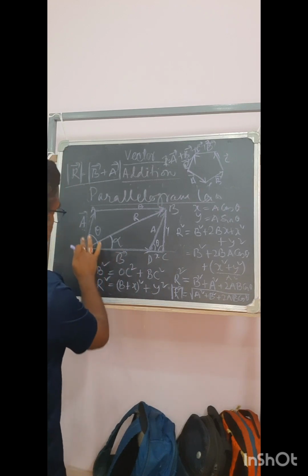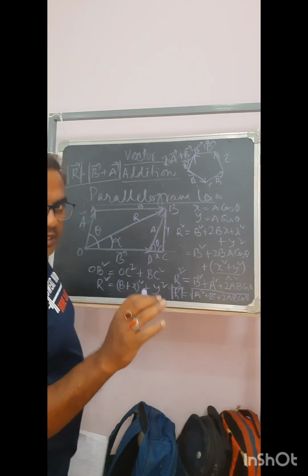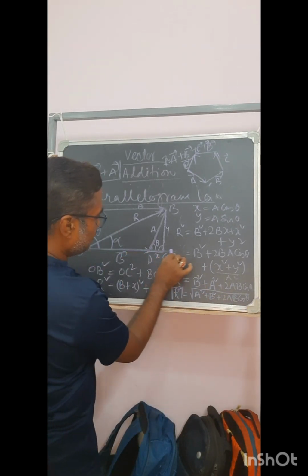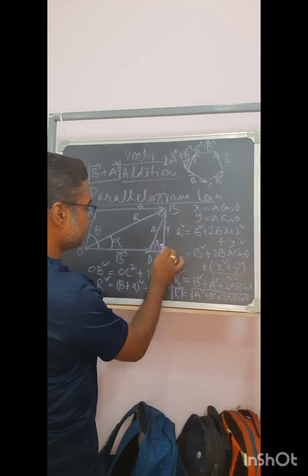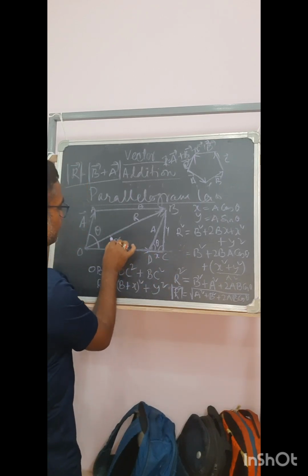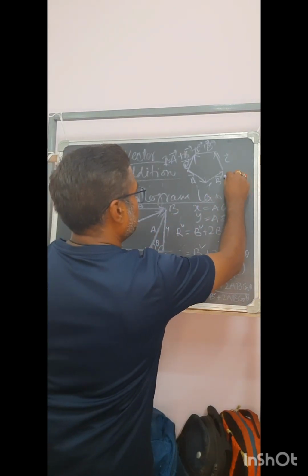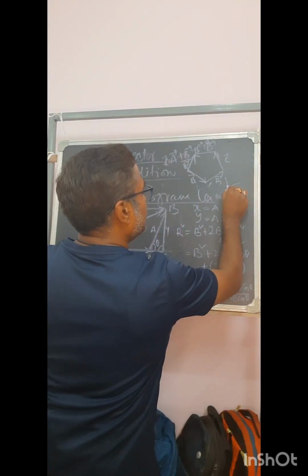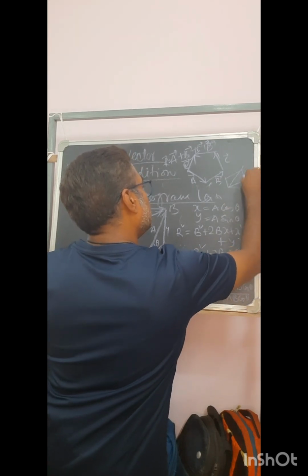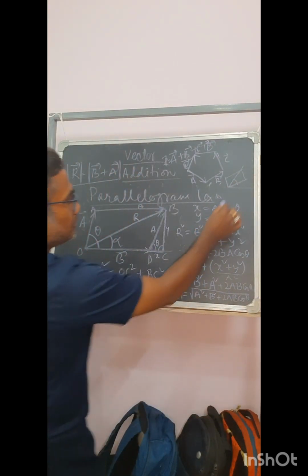But as always, the resultant will make an angle with the positive x-axis, although this is always a horizontal line, so I can assume it is the x-axis. Or it may happen that the vectors are at any angle with the horizontal. In that case also I will take the angle with the base vector, not with the horizontal.